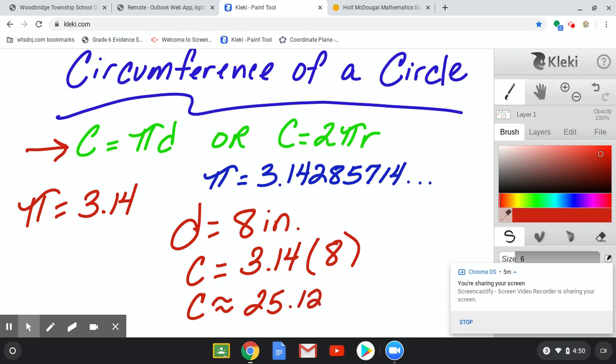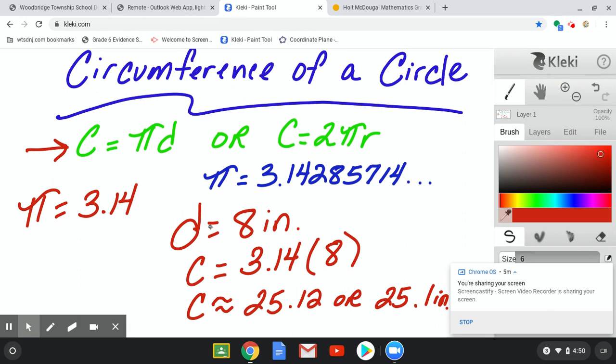This said to round to the nearest tenth. So we would put 25.1, and this was inches. So 25.1 inches is the circumference of a circle that has a diameter of 8 inches.